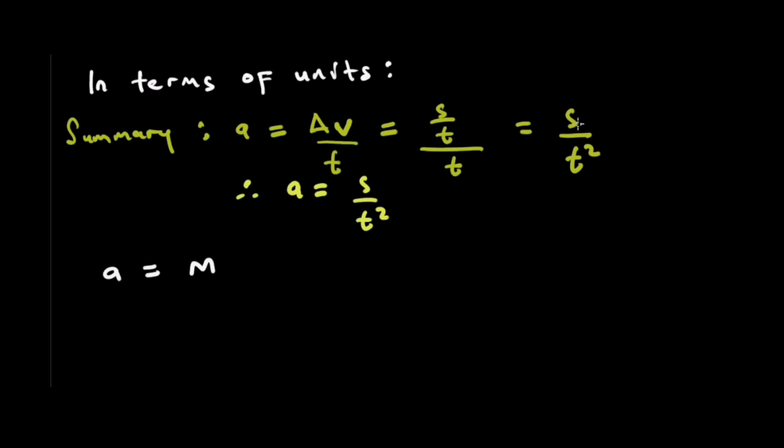So instead of s we will put the meter, then divide by time t. The SI unit of time is the second, meaning here we have s squared. So this is acceleration written in terms of its units.